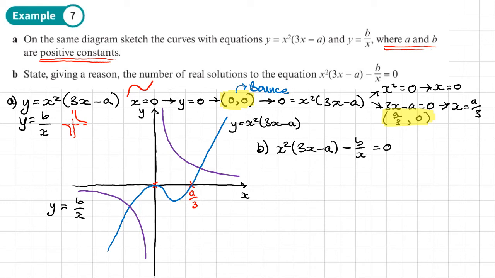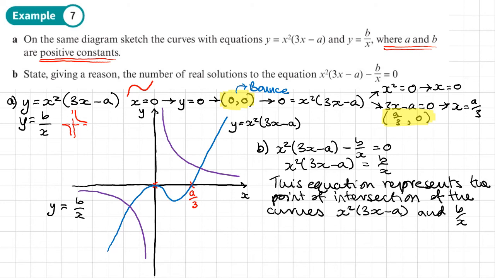Now, if I add b over x to both sides, I'll have x squared times 3x minus a equals b over x. Now, what have I just done? I've made the equation of this curve equal to the equation of this curve. So this represents the number of points of intersection of these two curves here.